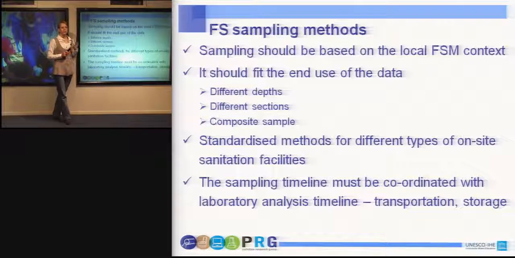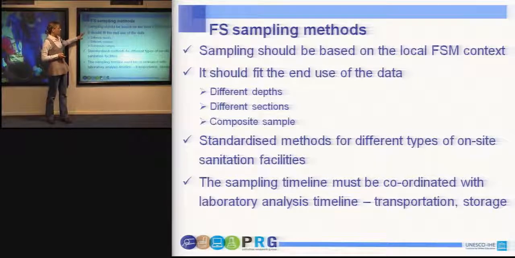But if you go to Southeast Asia, where we have pour flush toilets and the sludge is collected into septic tanks, then the context of sampling would be completely different. Maybe it would come from a truck, or because the sludge is very liquid, a different technology would be developed.